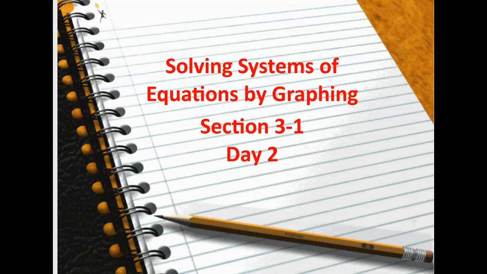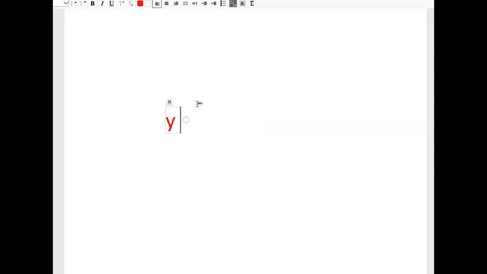Alright, so like I said, we're going to pick up with day 2 today. Today is all about graphing. So when we are graphing, it follows all of the same rules that we followed previously. When we are graphing equations of lines, we like to put our equation in y equals mx plus b.